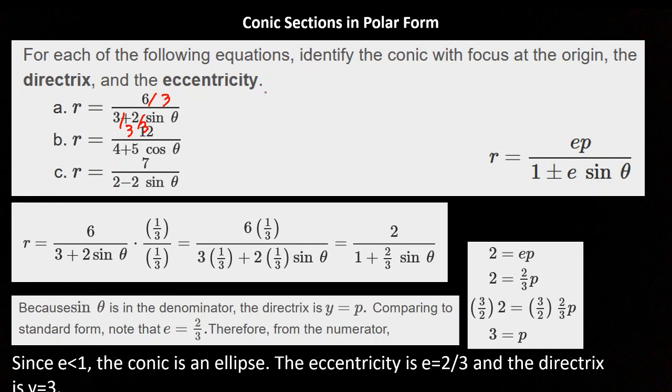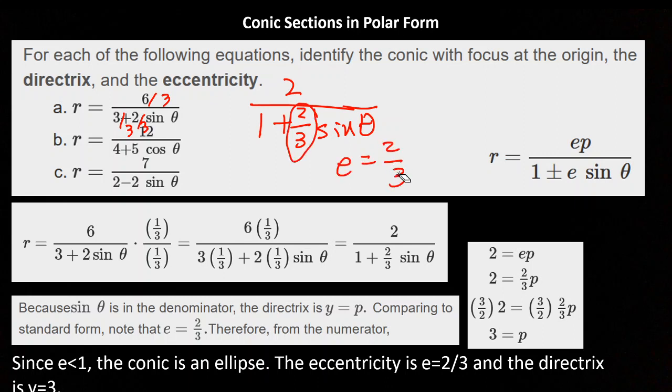So 6 over 3 is 2, 3 over 3 is 1, 2 over 3 is 2 over 3, and sine theta, right? So now what do we have? Well, E is 2 over 3, that's our E. So the ratio is 2 over 3. So remember, if E is between 0 and 1, what do we have? We have an ellipse. So this is an ellipse.